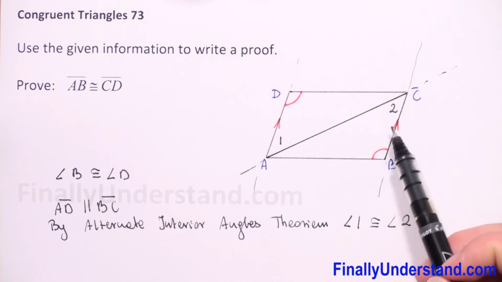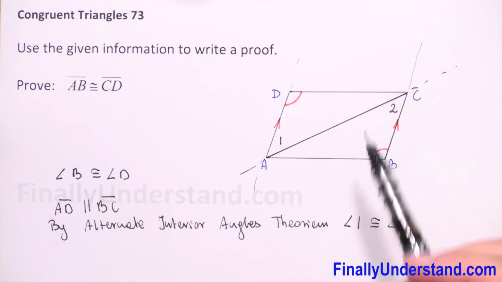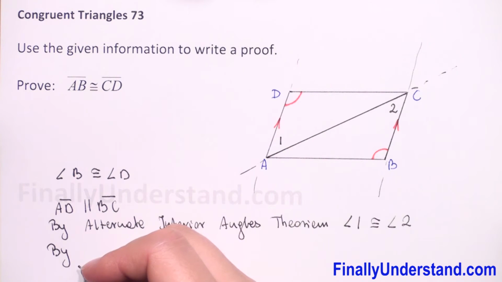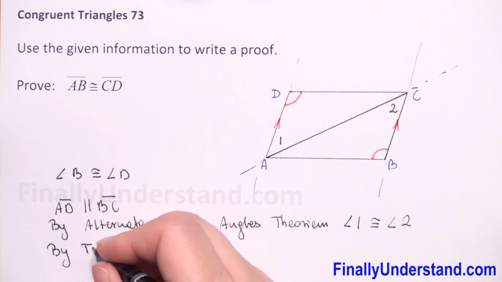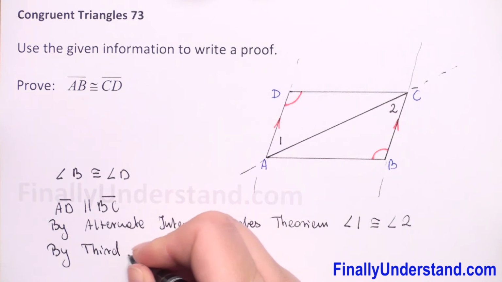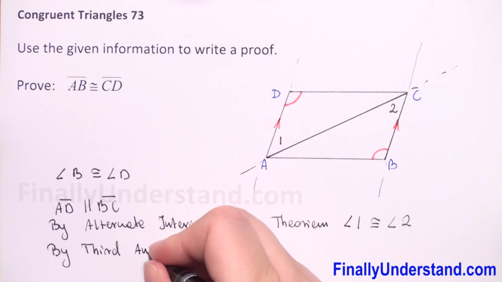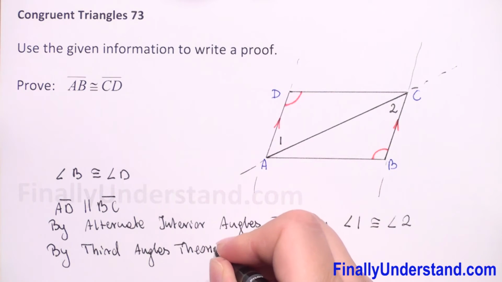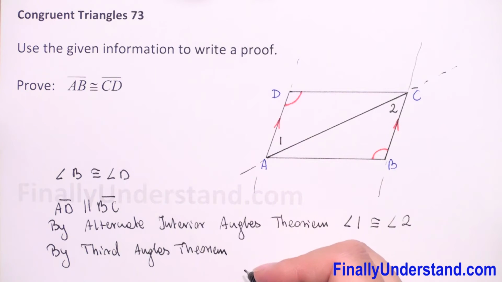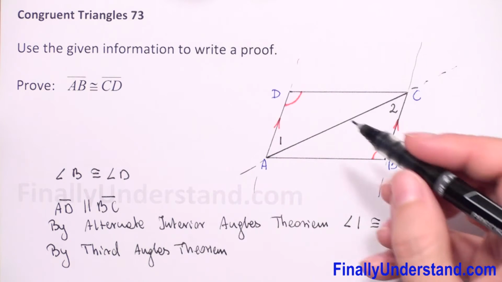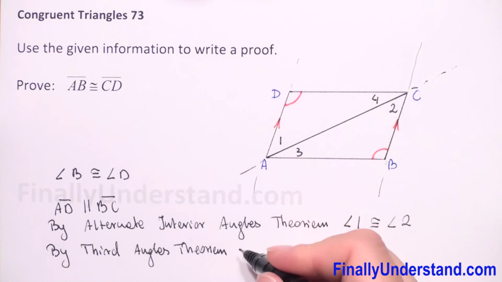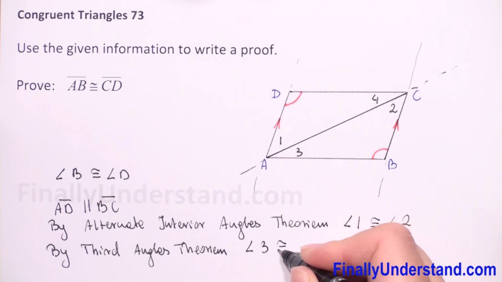Because angle 1 is congruent to angle 2, by the third angles theorem, we have that angle, let me put here angle 3 and angle 4, angle 3 is congruent to angle 4.